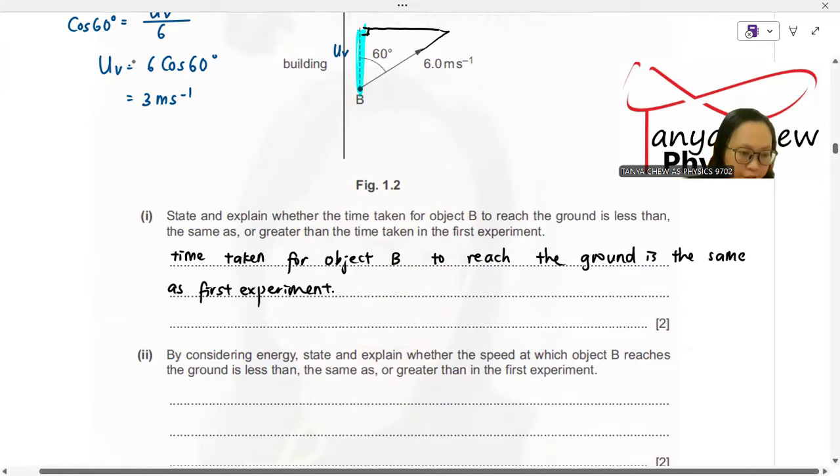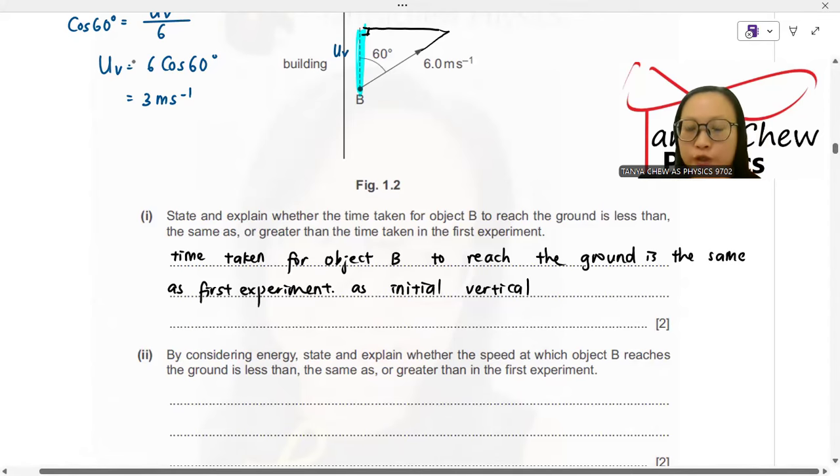So explanation. Why? Because of the initial vertical velocity. You have to resolve to vertical because g is acting in the vertical direction.